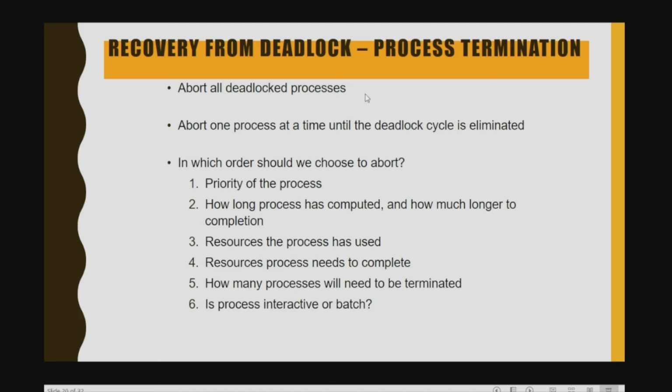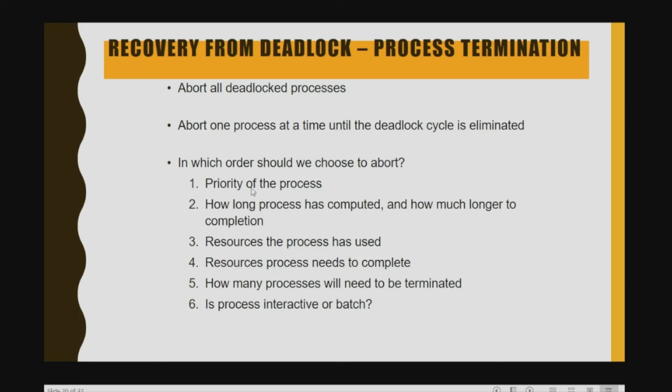This means that in recovery from deadlock, we go one by one, because we want to eliminate or disjoin the cycle. So in which order should we choose to abort? How do we choose which process to abort?